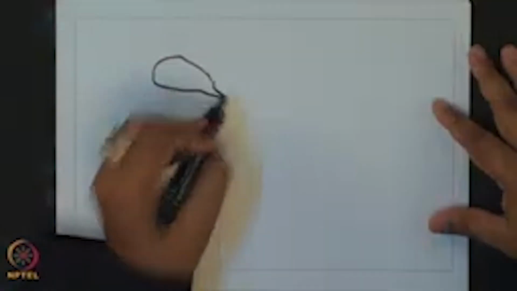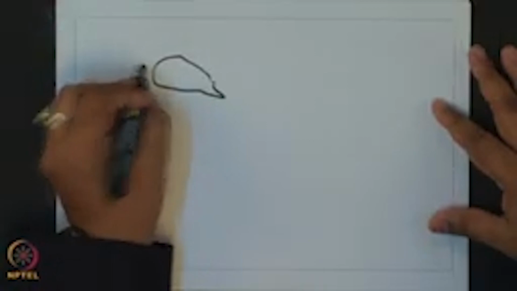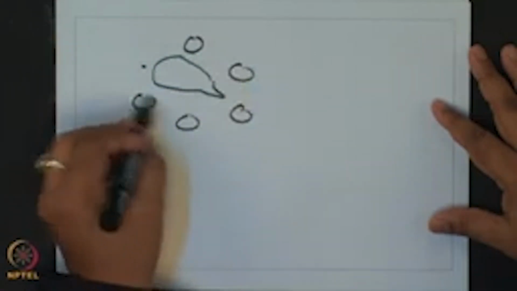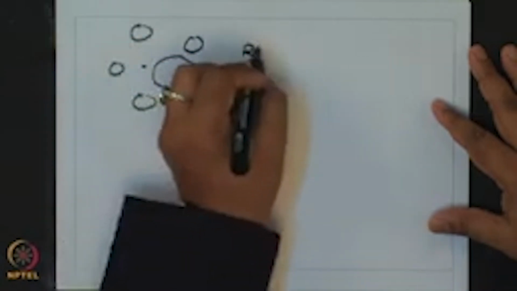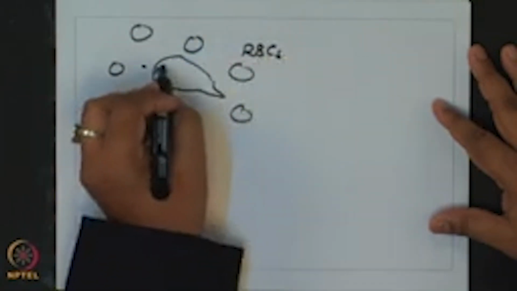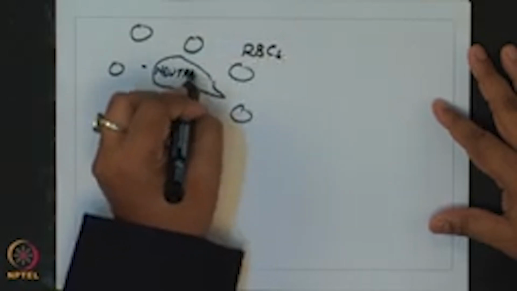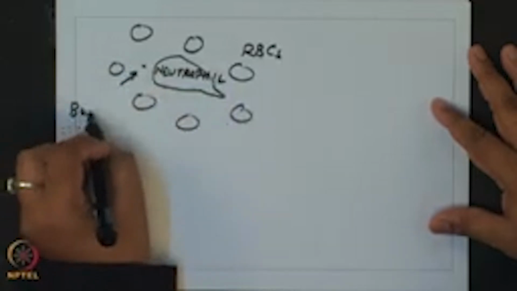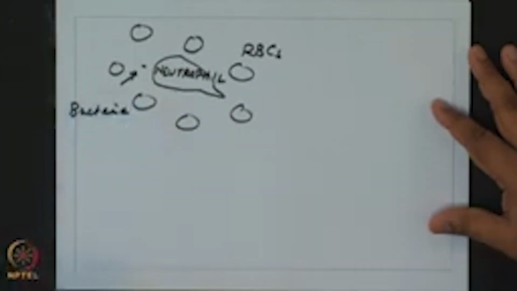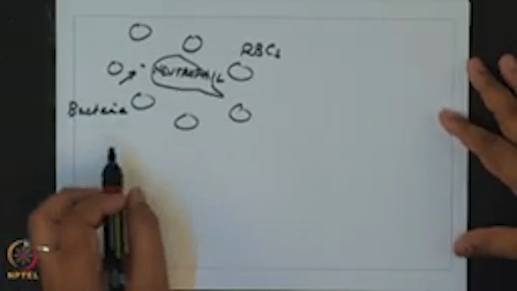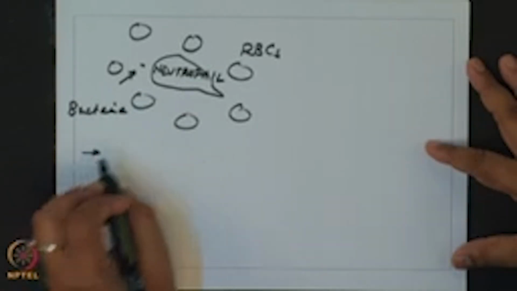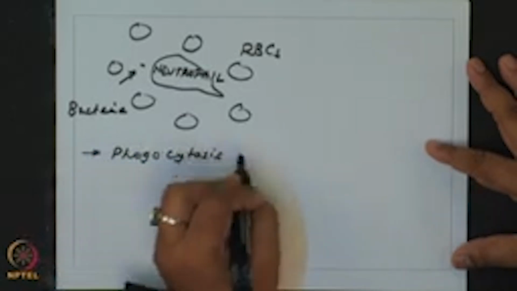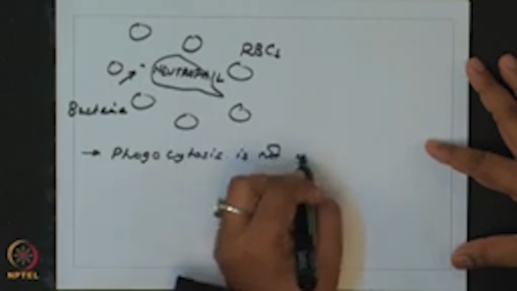You have a neutrophil, you have a tiny bacteria, and surrounded by these are RBCs. This is your neutrophil, and this is your bacteria. So, if you play the movie, you will see that this phagocytosis is not instantaneous.